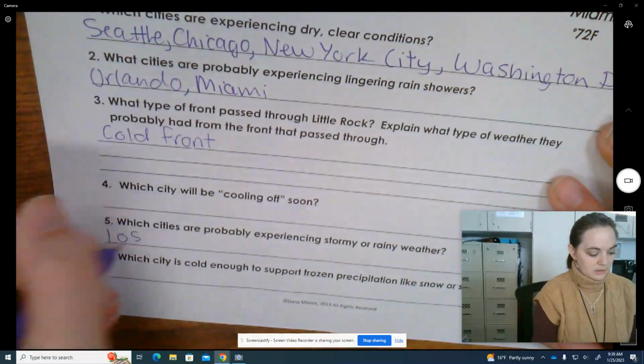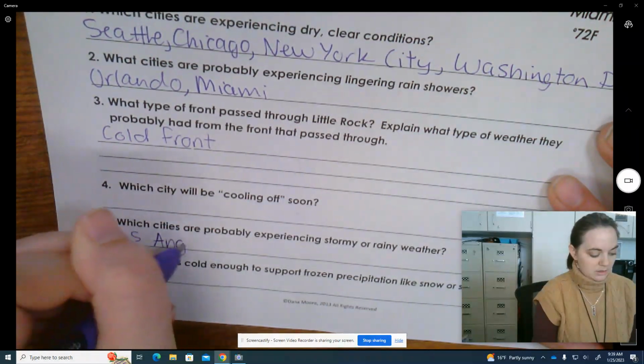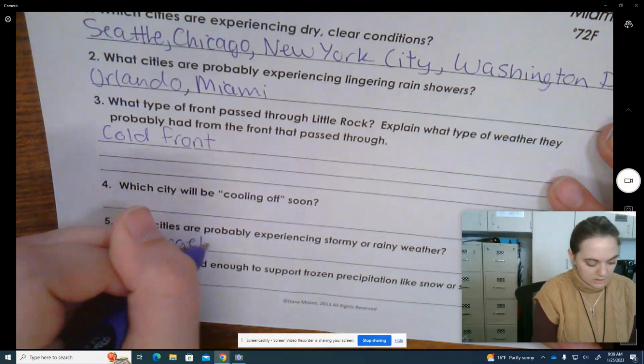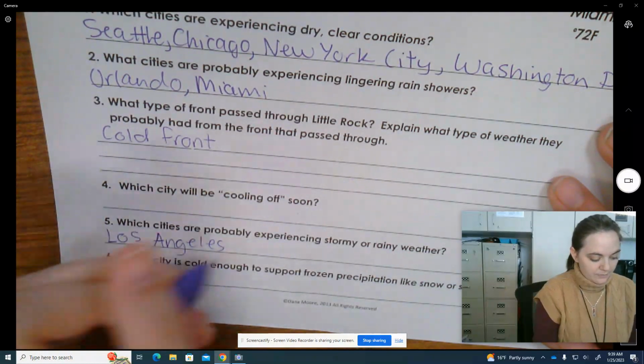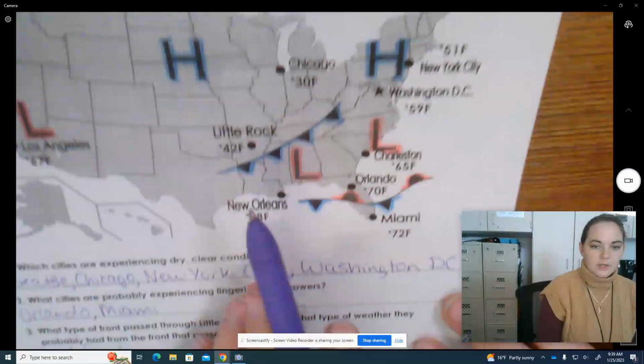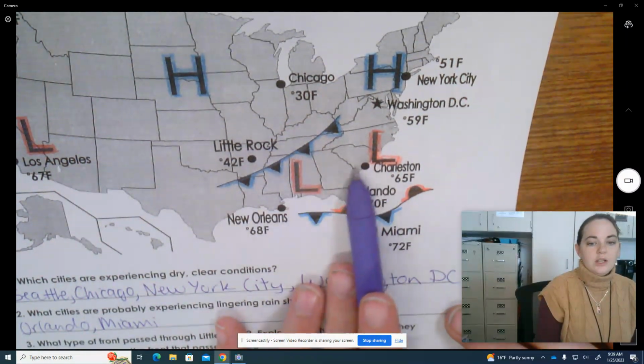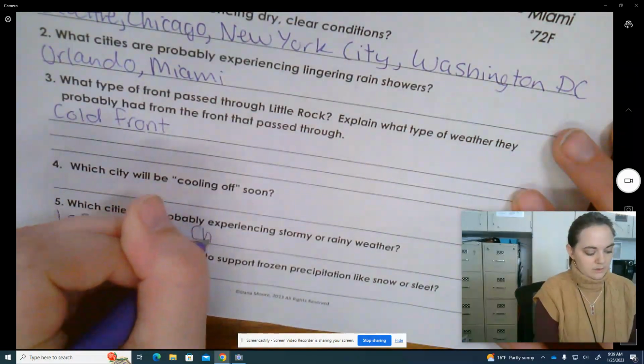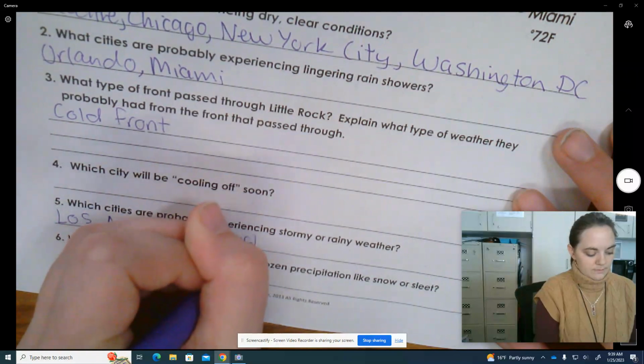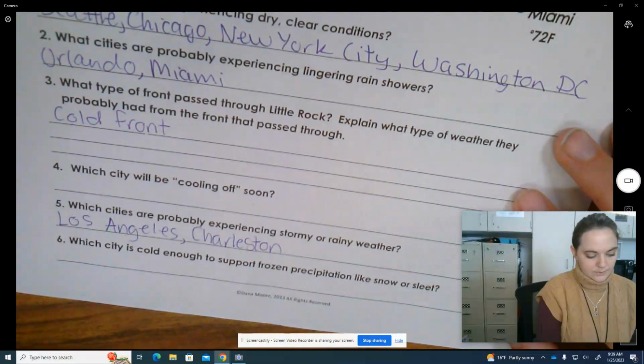So number 5, I'm going to put Los Angeles. And also if I look over here, there's a low right here. There's also a low right here. This low is really close to Charleston, so I'm going to write Charleston too.